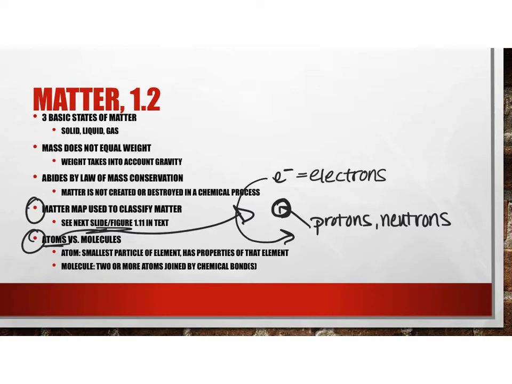Okay, so all matter, like I said, is composed of atoms, and atoms are individual units that contain some number of protons, and usually one or more neutrons and a set of electrons. Now, a molecule, on the other hand, has two or more atoms joined by chemical bonds.